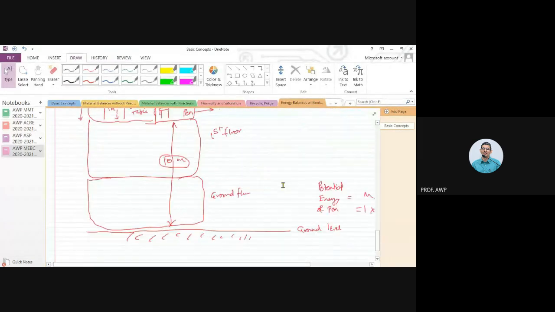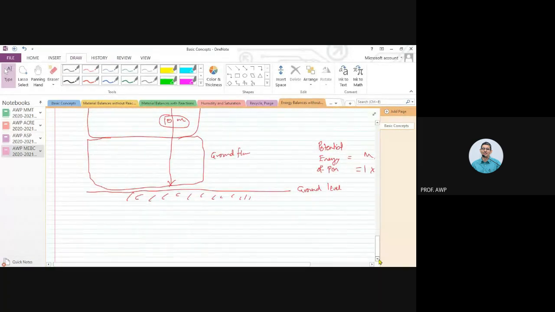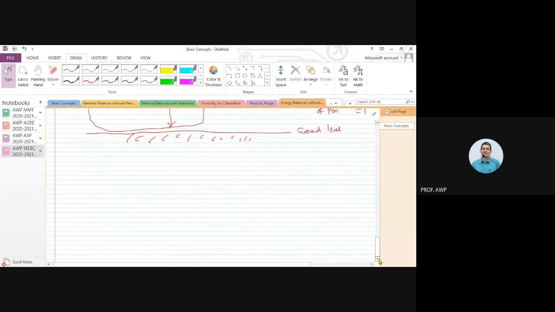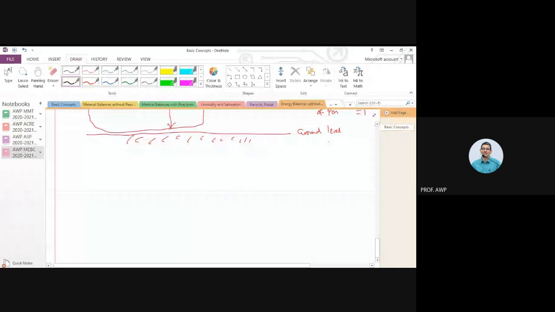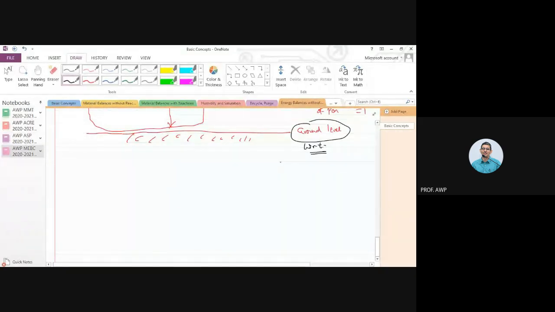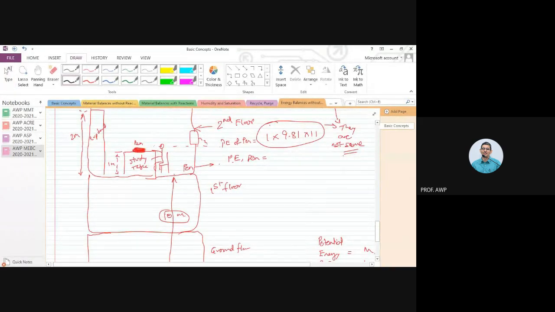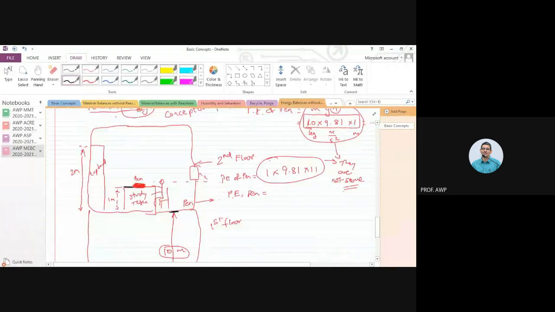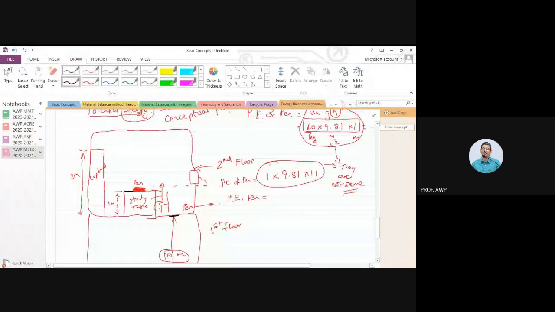So if I have to measure height, I have to measure height with respect to something. If I'm measuring height with respect to the ground level, then the height of the floor is 10 meters, the height of the study table is 11 meters, the height of the cupboard is 12 meters.